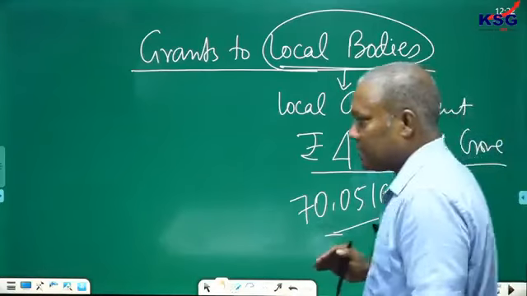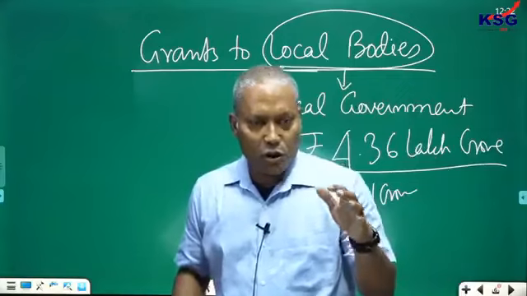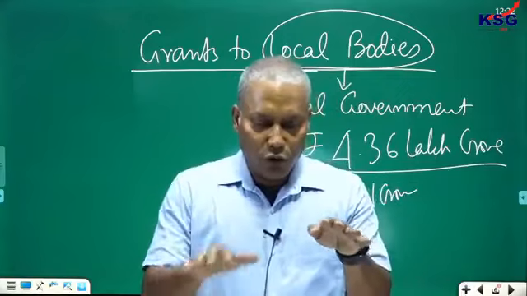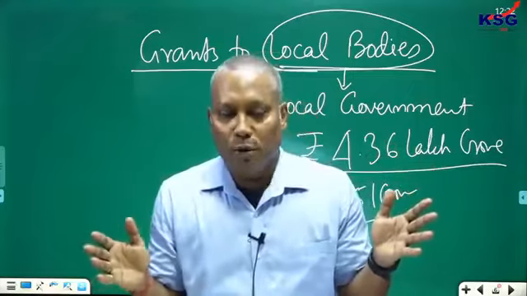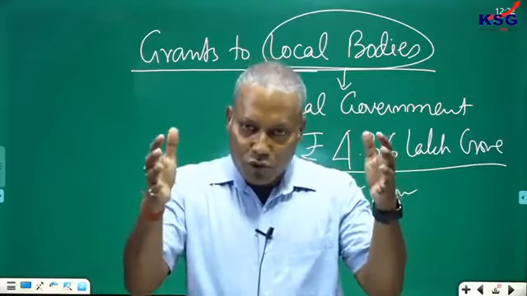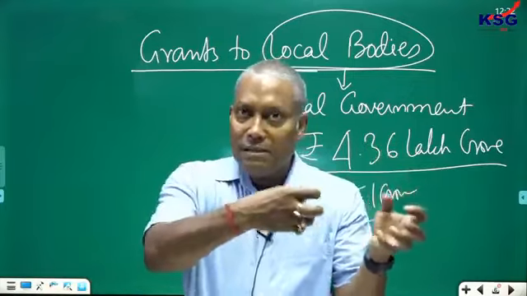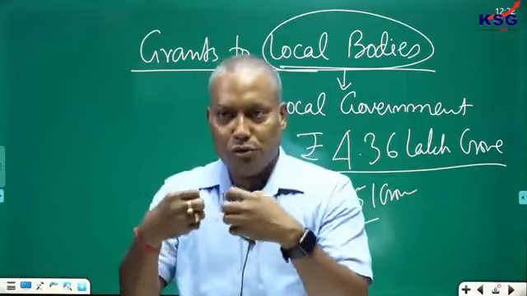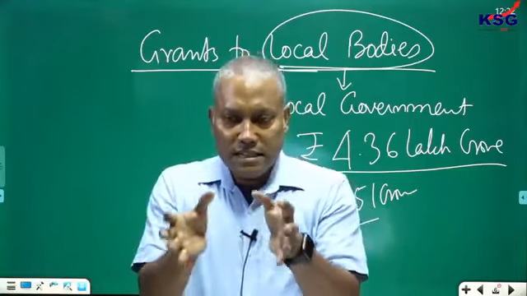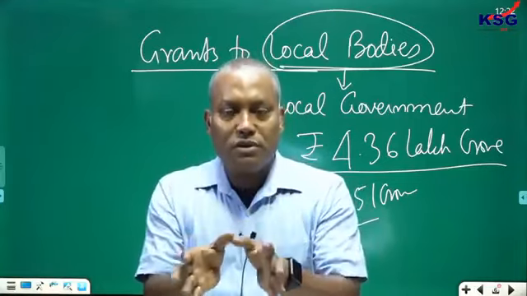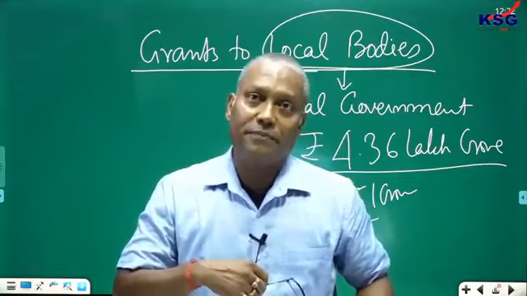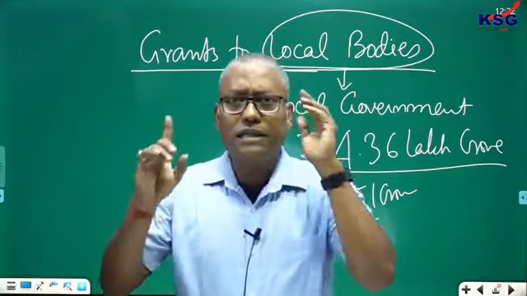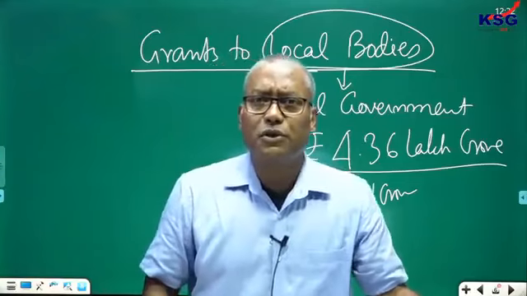What is the meaning of that? Suppose a state got the fund for distribution as grants for the local bodies. You have to take 90% of that, and distribute it to the local bodies according to the population of that particular local body. So go back to the horizontal tax devolution formula as I discussed with you.